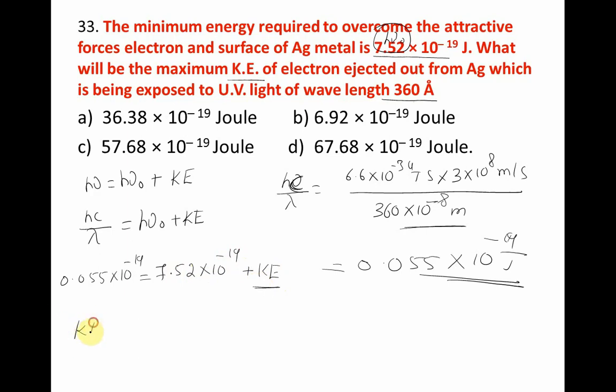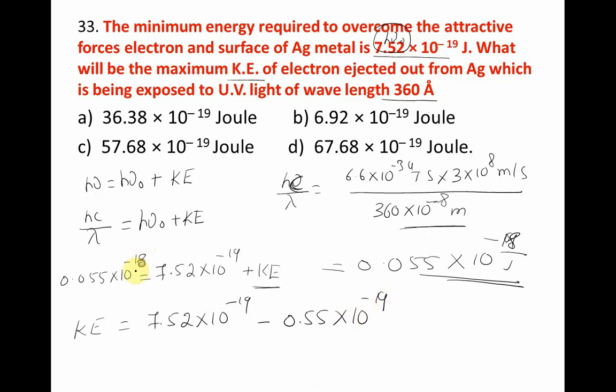Therefore kinetic energy is equal to 7.52 into 10 to the power of minus 19 minus 0.55 into 10 to the power of minus 19.